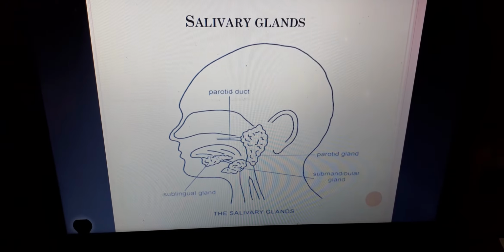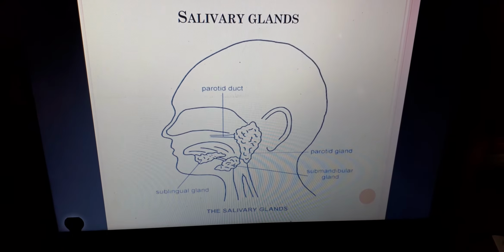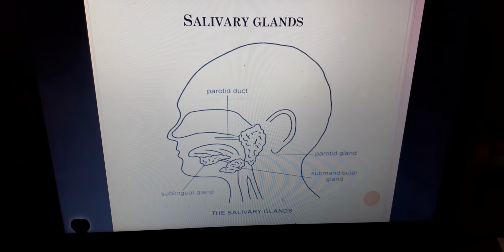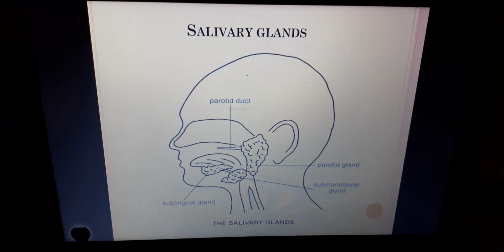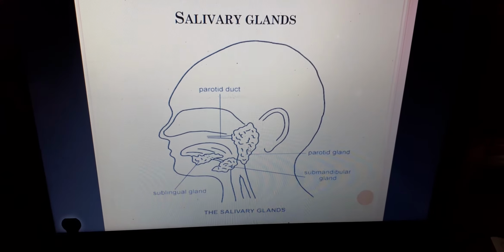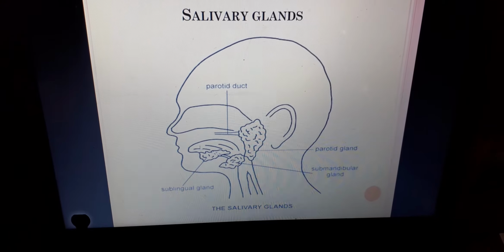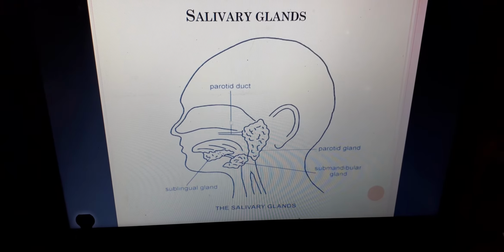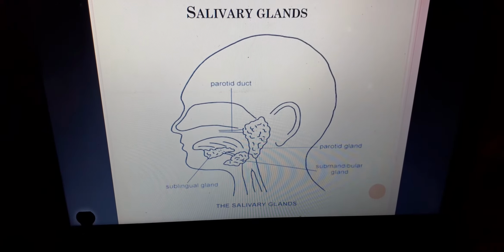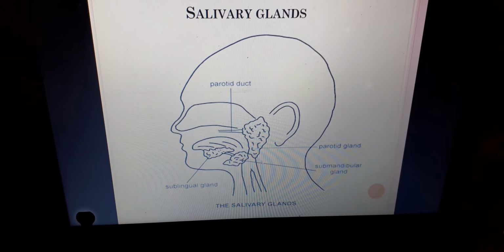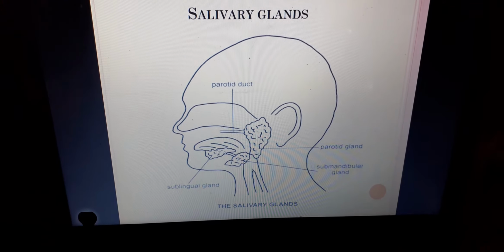So this first picture is of the salivary glands, and you can see the position of the salivary glands in our body. In the buccal cavity they are placed. This one is the parotid gland, then the submandibular gland and sublingual gland.